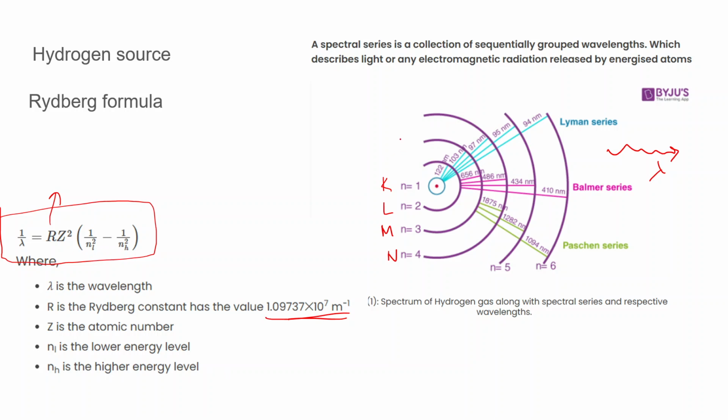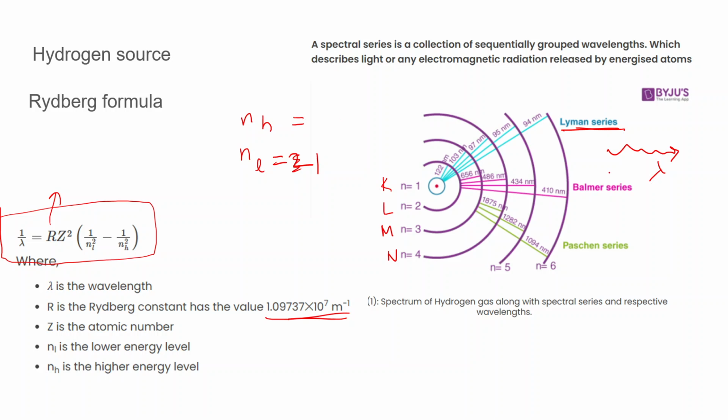What this formula tells us is, if the atom got excited by any means to some higher energy level NH, it could be anywhere, but if after emitting radiation it comes to the lower level of 1, then the radiation it emits will be part of the Lyman series.